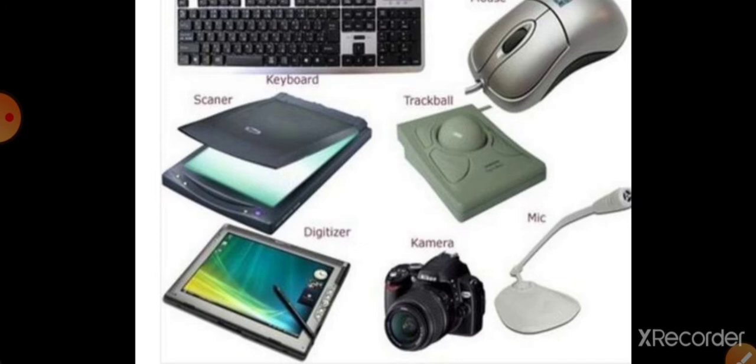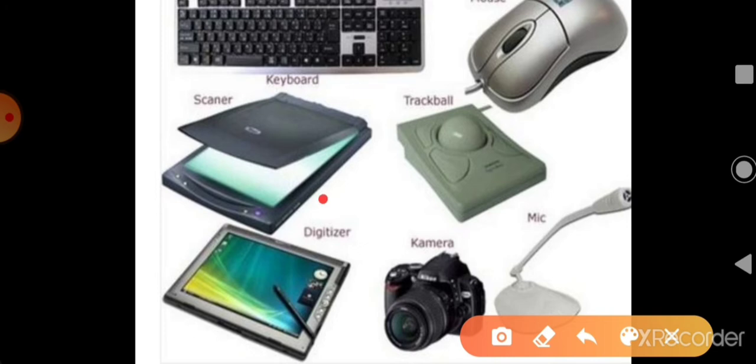Keyboard is used to give letters as input to the computer, and the scanner is used to give input as an image to the CPU. Next, digitalizer is used to give our signature as input to the computer.